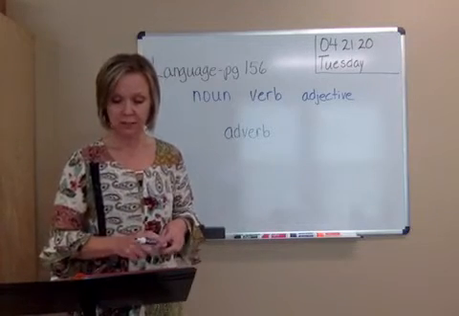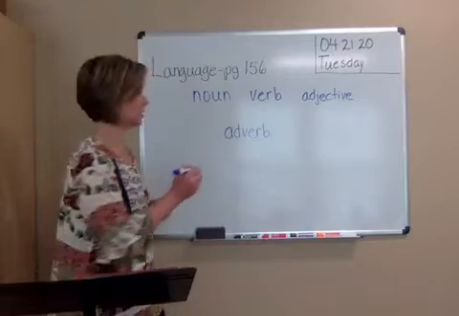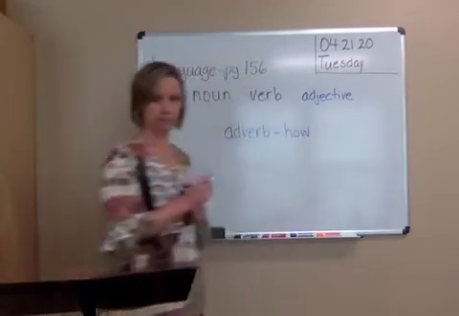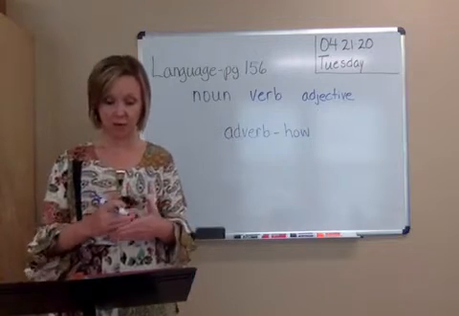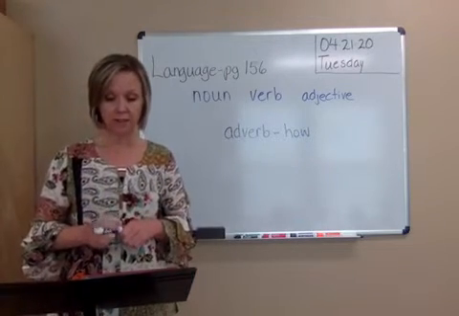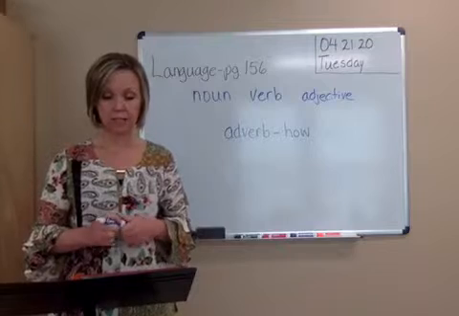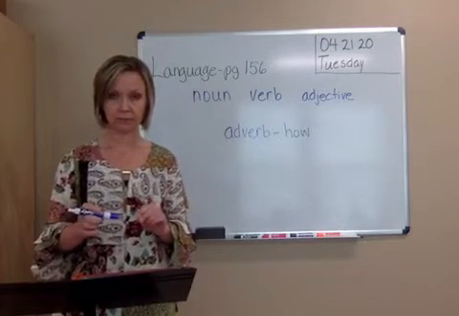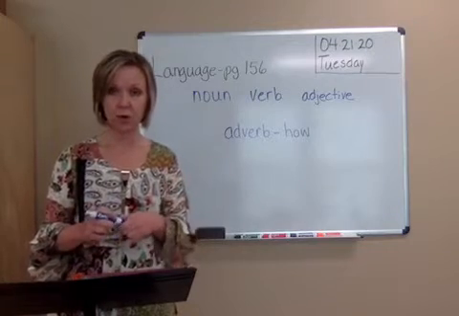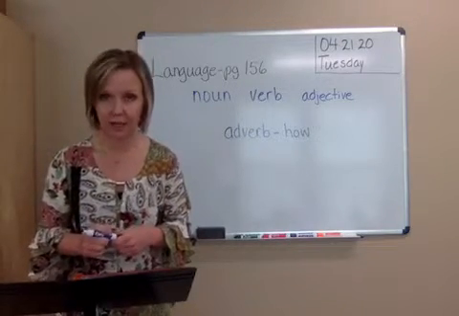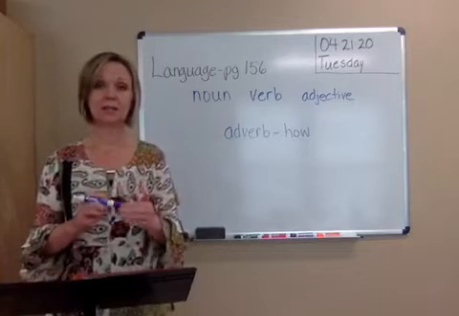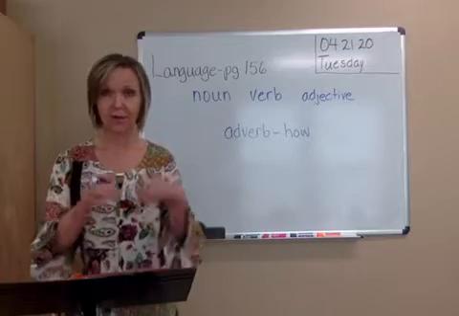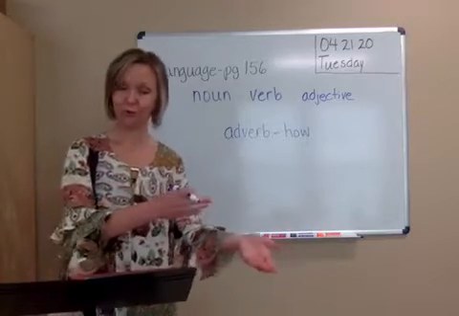Some adverbs tell how. So today we're going to talk about how the action was done. Okay, today is how. When I saw the spider on my foot, I yelled loudly. How did I yell? Loudly. So loudly there is the adverb because it adds a description to your verb.